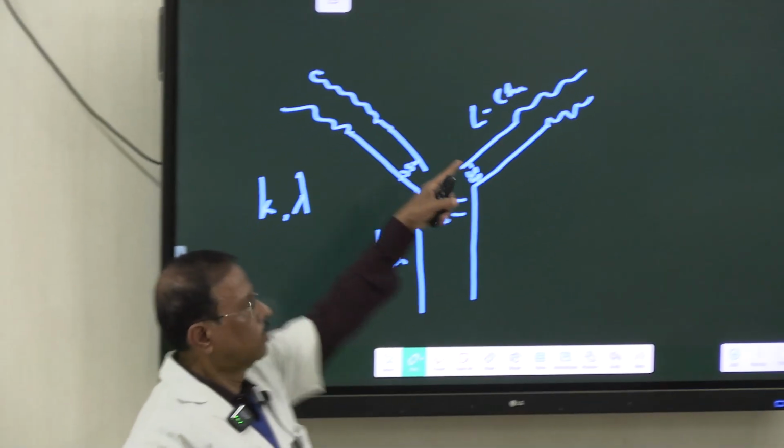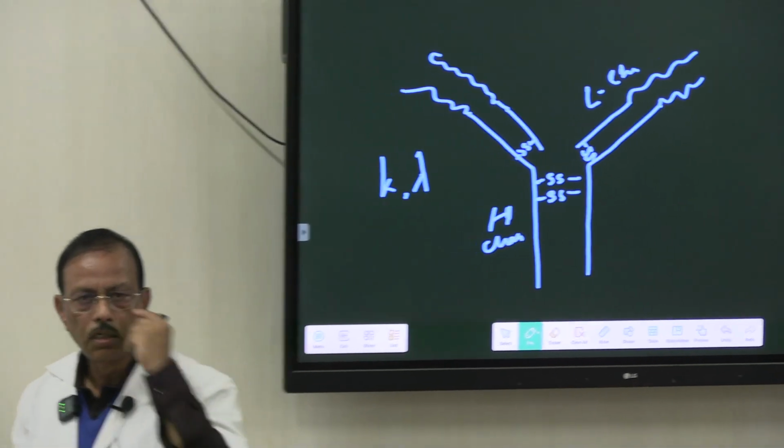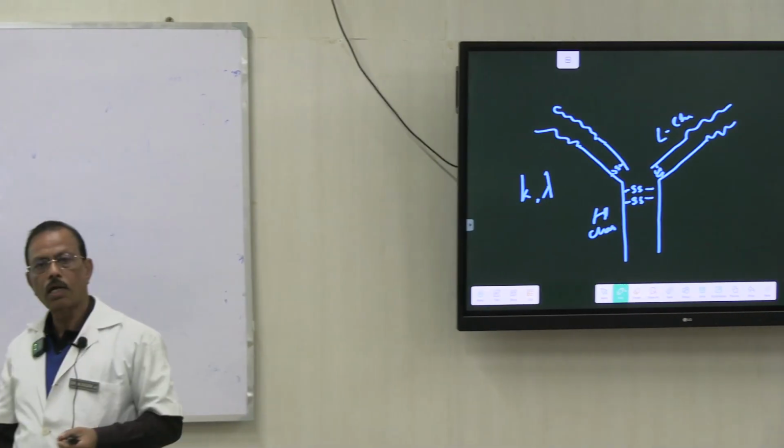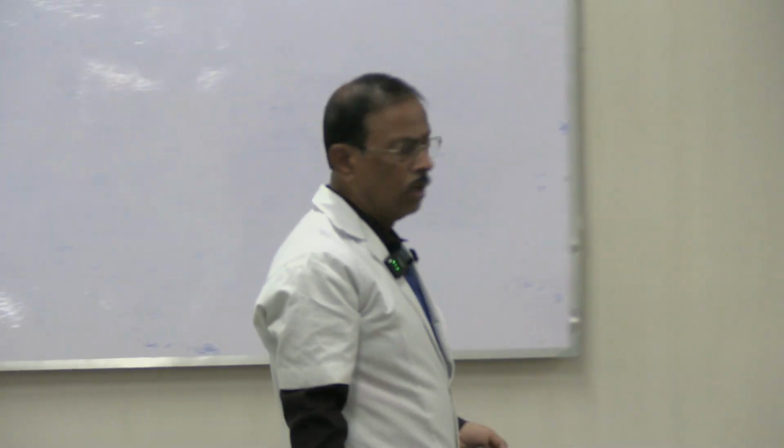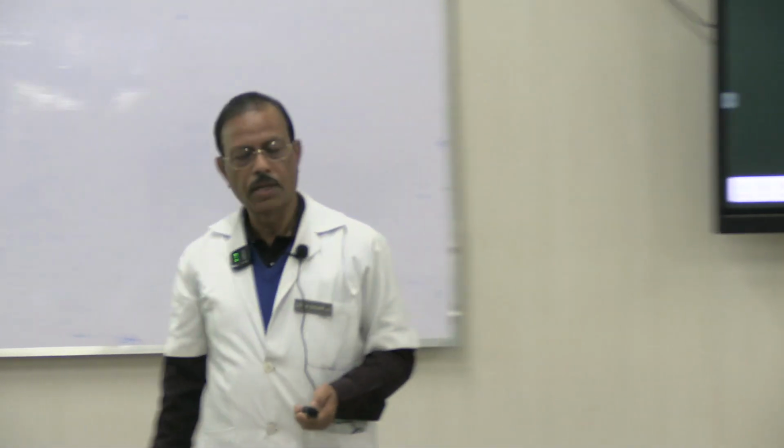These are short chains, usually kappa and lambda. In one type of immunoglobulin, one type of short chain will be there, either the kappa variety or the lambda variety.